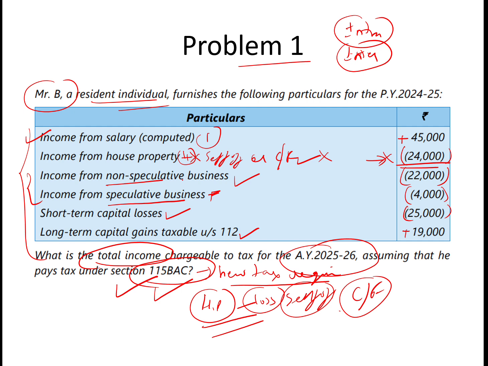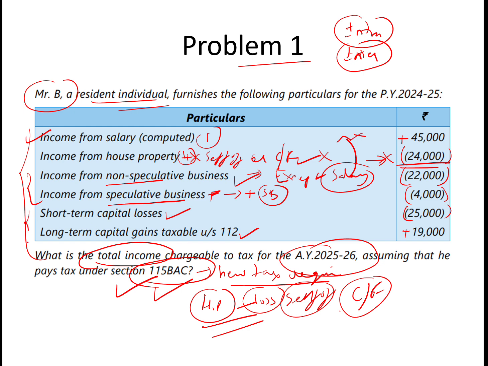We have to remember a very important point. Whenever there is a loss of speculative business, you can set it off only against profit of speculative business. Whenever there is a loss of business income, you can set it off against any other income except salary. So this we cannot set off against salary. Very important point.